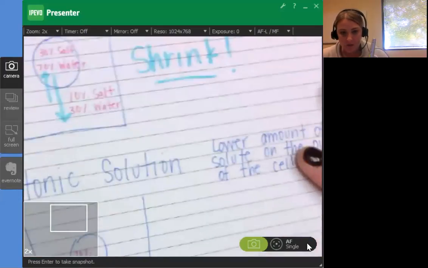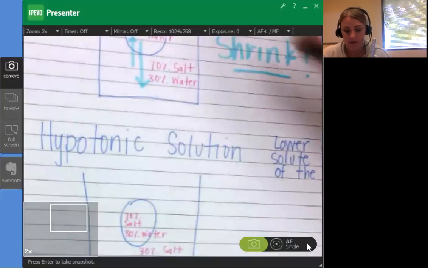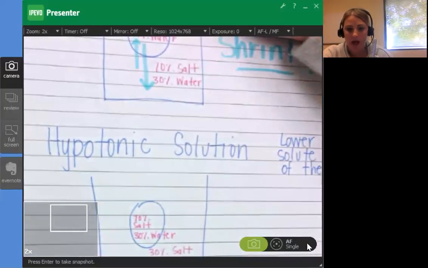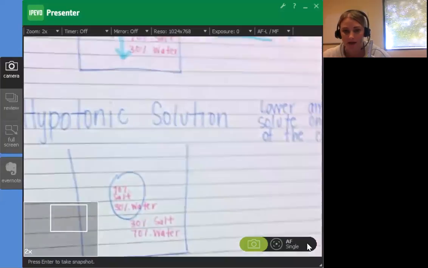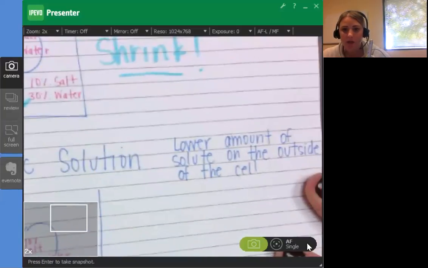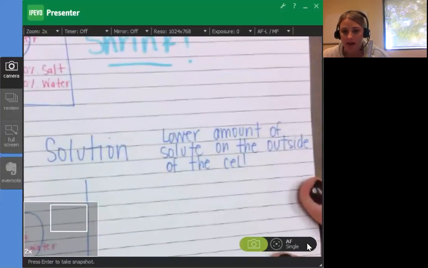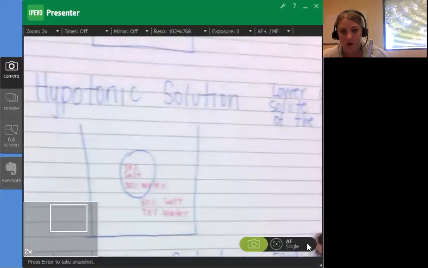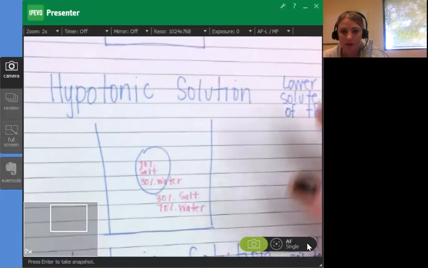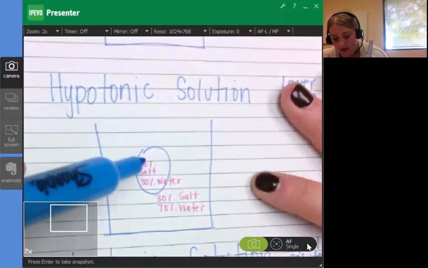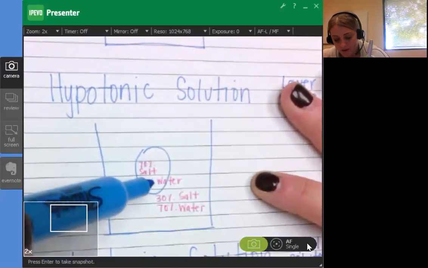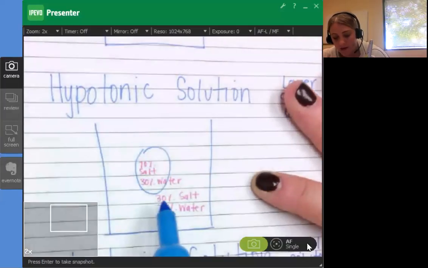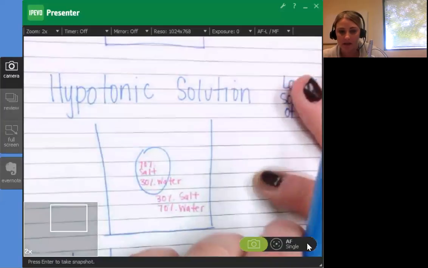All right, so let's move on to the next type of solution, and that's going to be a hypotonic solution, excuse me. So a lower amount of solute on the outside than is on the inside. I used the same numbers, but I just switched them. So now we have 70% salt, 30% water on the inside, and 30% salt, 70% water on the outside.